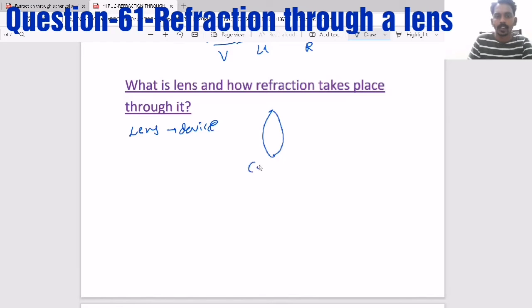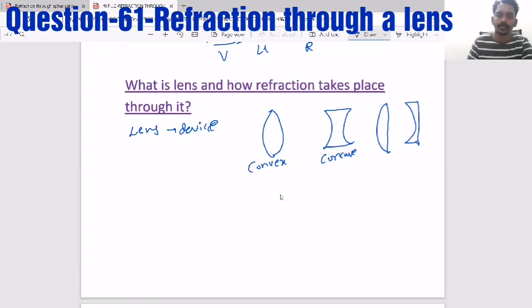This is a convex lens and this is a concave lens. This is a biconvex lens, this is a biconcave lens. Plano-convex and plano-concave lenses also exist. But usually questions are based on convex and concave, biconvex and biconcave lenses.